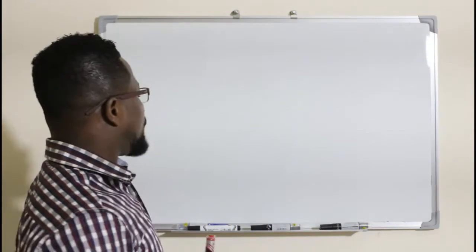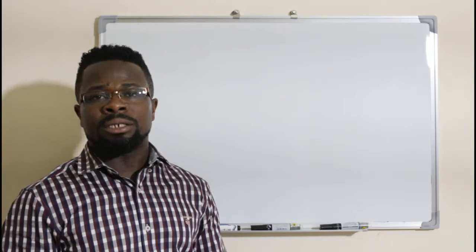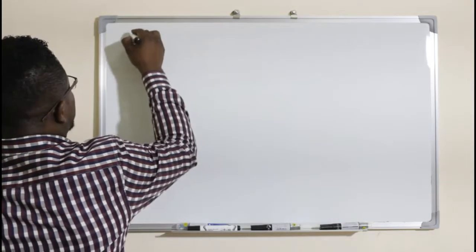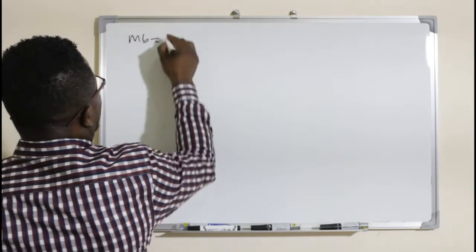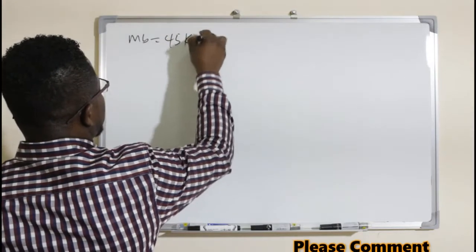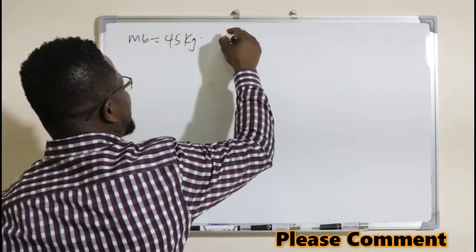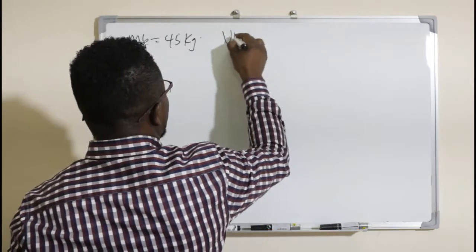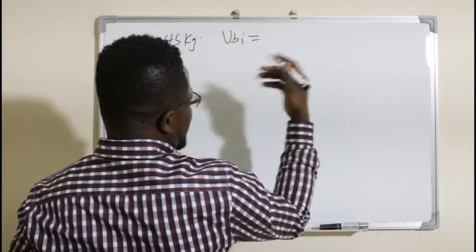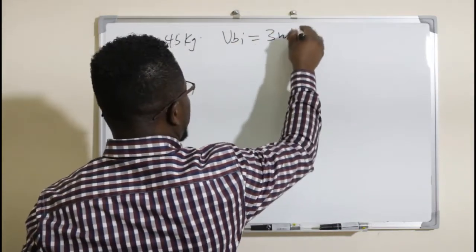Alright, so let's look at the information that we were given according to the question. The mass of the boy is given to be 45 kg. The initial velocity of the boy, which is VB initial, is given to be 3 meters per second.